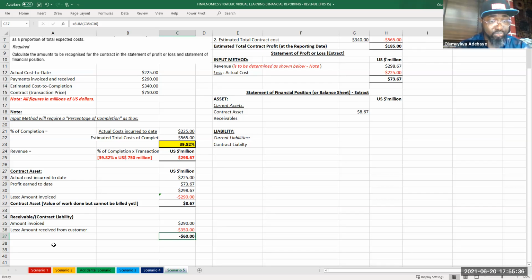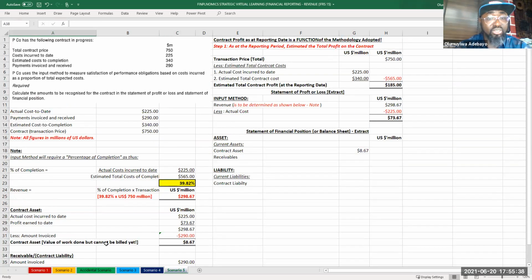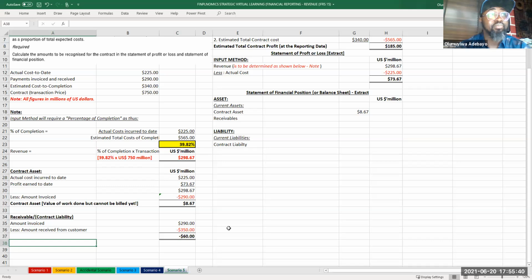Does that make sense to you? Yes. Which means the person pay you what you have invoiced, still pay you something in excess of it.